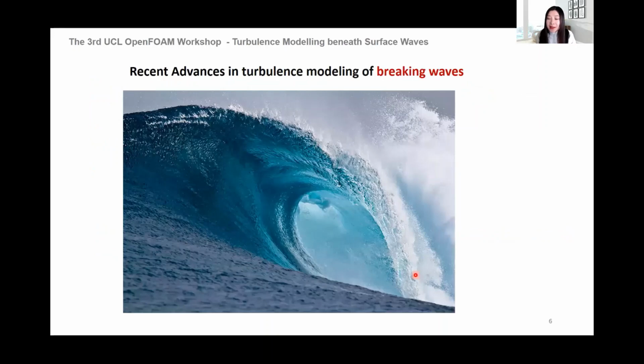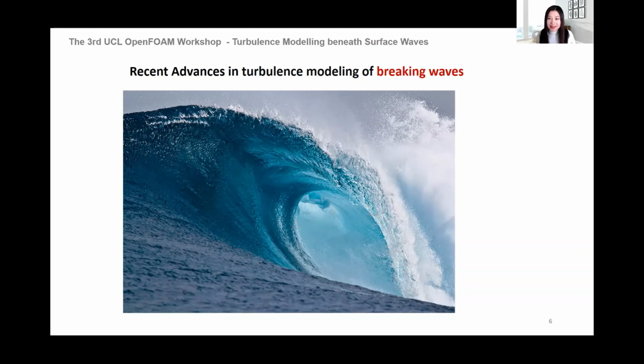And today, the main part is about turbulence modeling beneath progressive waves involving wave breaking. For coastal and offshore engineering problems, accurately modeling the waves is actually the first thing, but can be difficult sometimes.